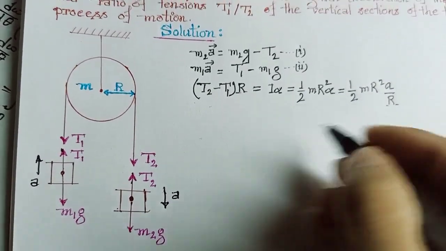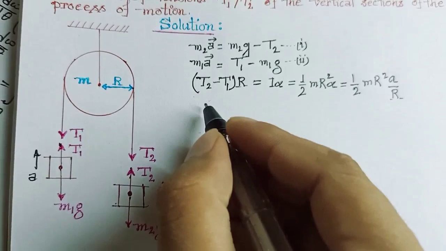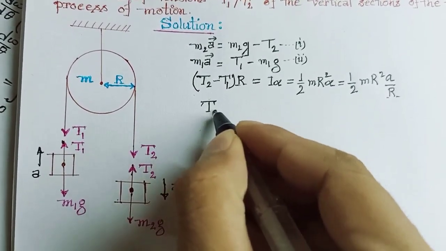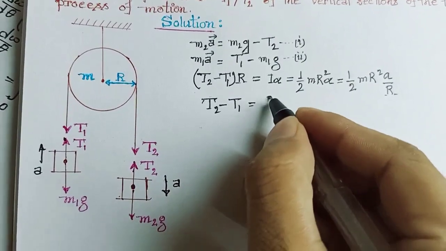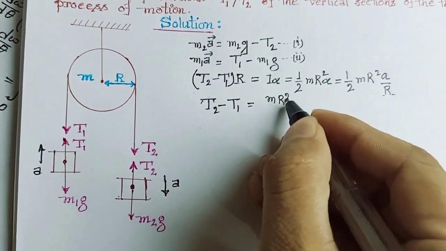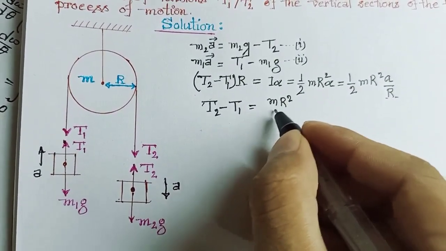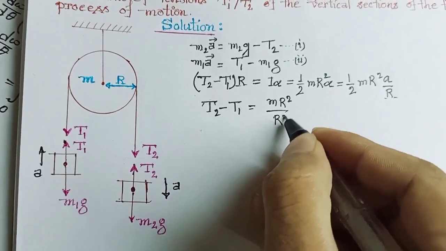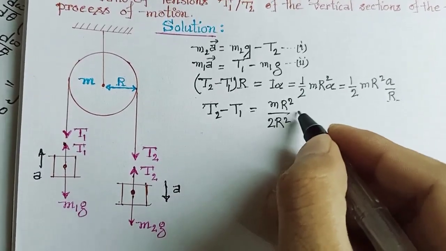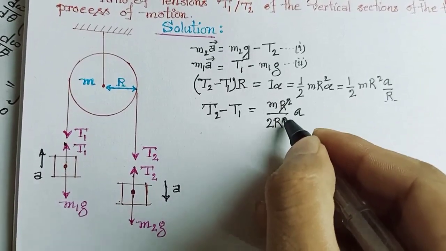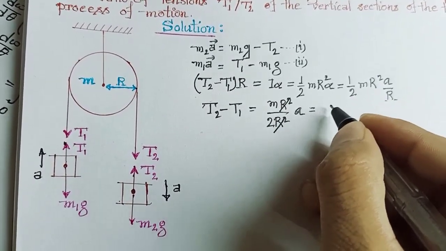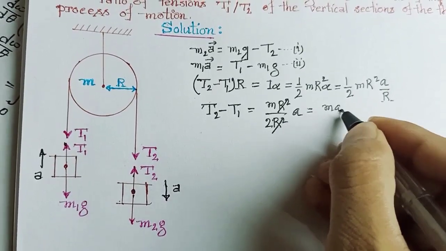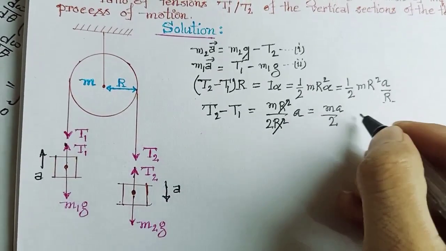Now we can rearrange this as T2 minus T1 equal to m r square divided by 2r square into a. The r square and r square will get cancelled. After cancellation we find T2 minus T1 is equal to ma divided by 2. So this is our equation number 3.